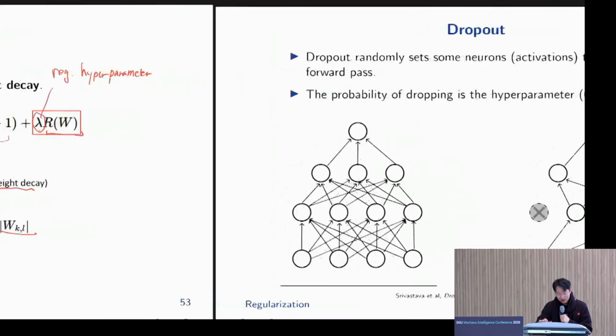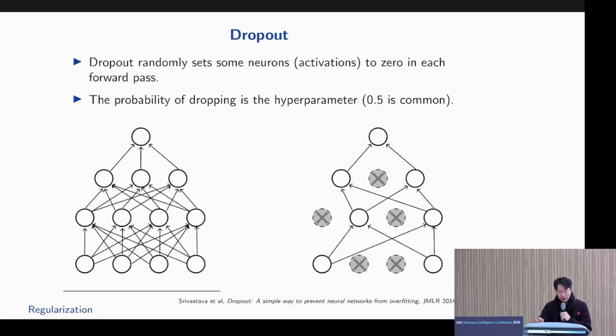Another way to achieve regularization is to use dropout. But a disclaimer is this is not used very often these days. Still, we need to learn this. What it does is randomly set some activations to 0 in each forward pass.